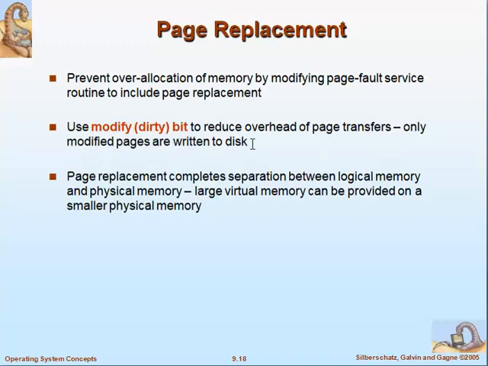Okay, so when we do the page replacement, we talked about the earlier scenario where for a particular instruction we wanted to access a page. That page is not available in the memory. The operating system looks for that particular page on the disk, and when it finds it, it will look for a free frame where it can load that page.